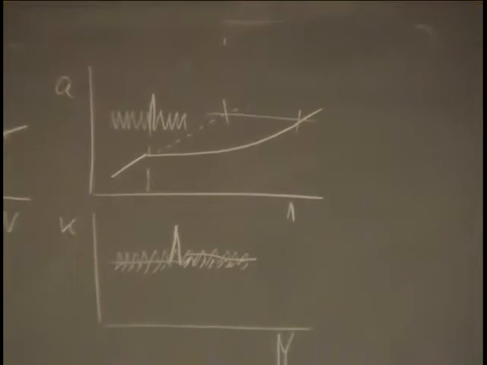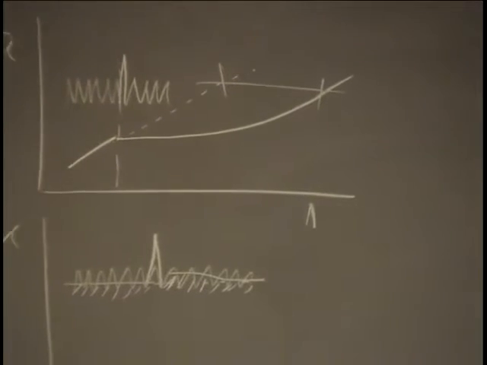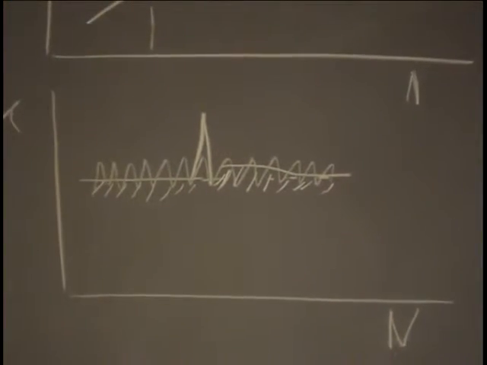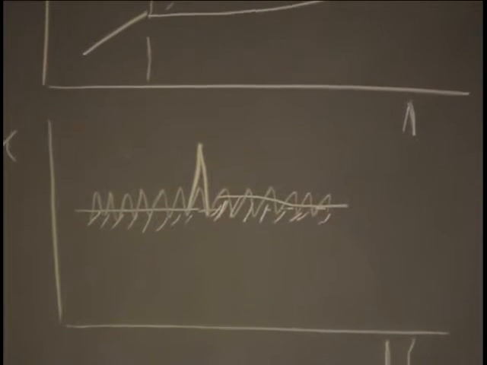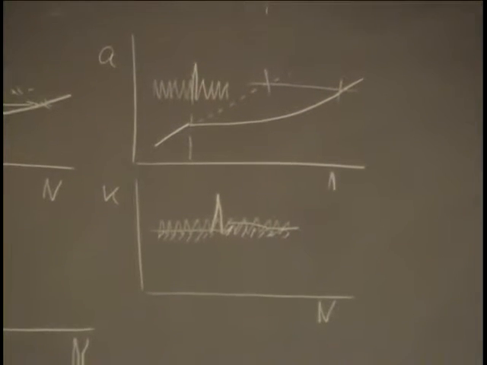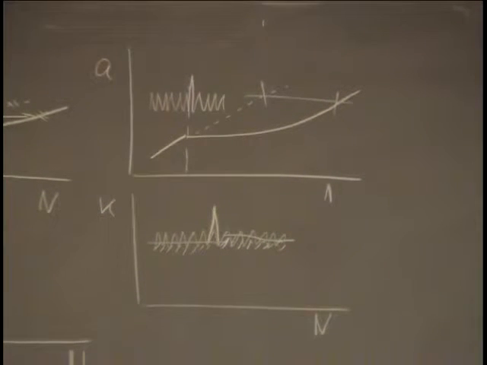So the effective delta K becomes very small, and hence the crack propagation rate, because the crack propagation rate depends on the second to fourth power of delta K or delta K effective. So a single peak overload leads to an increase in crack closure and a drastic reduction in the crack propagation rate.